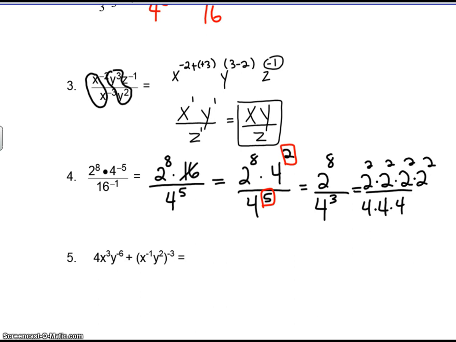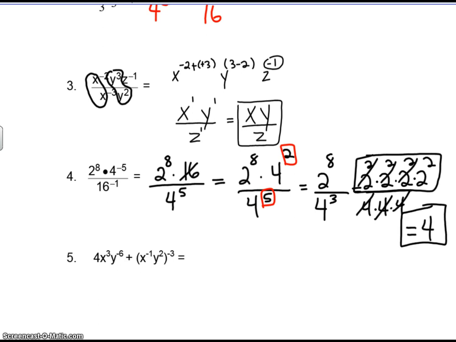Each one of those has a value of 4, and if I add them up, then it equals 2 to the 8th power. So canceling 4 with 4, okay, that's going to give me 2 to the 2nd power, which is 4.